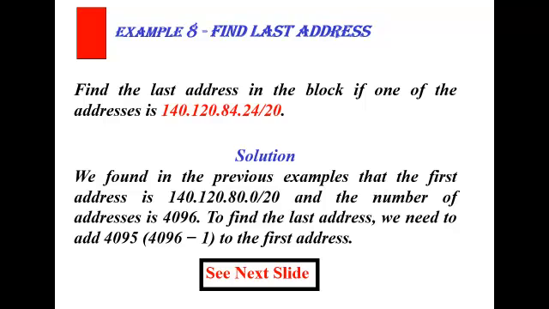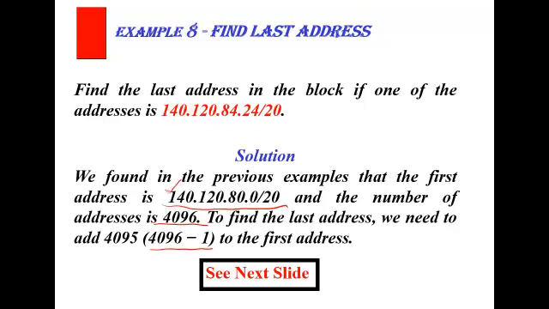Like in previous examples, we have learned how to find out the first address, and the first address was this, and the number of addresses is this on the basis of 2 to the power 32 minus prefix length, right? To find out the last address, we need to add 4095 to the first address. Means what? 4096 minus 1. I think we have discussed so many times that the first address will be the network address.